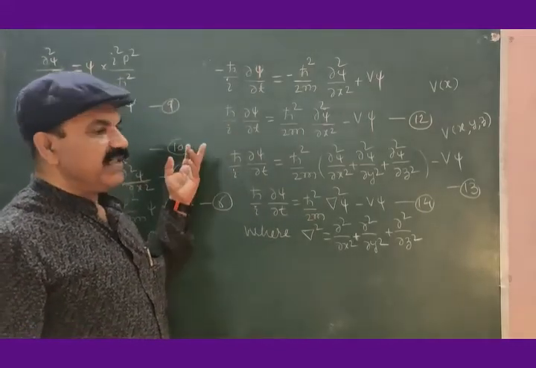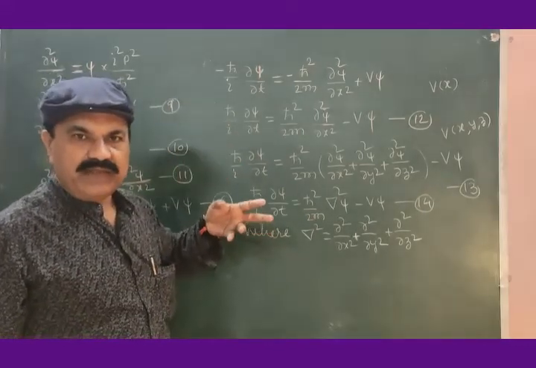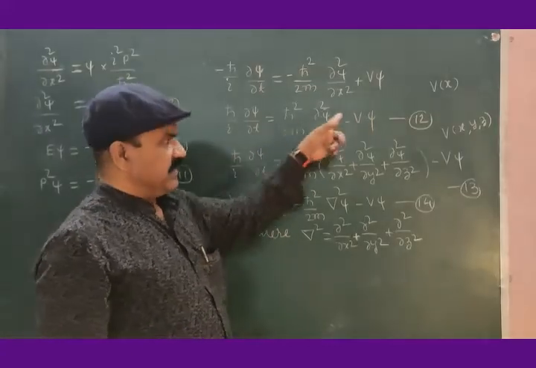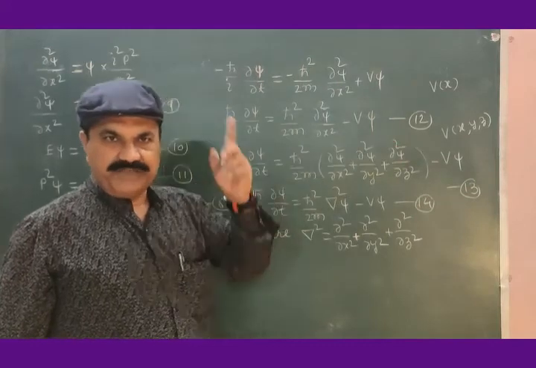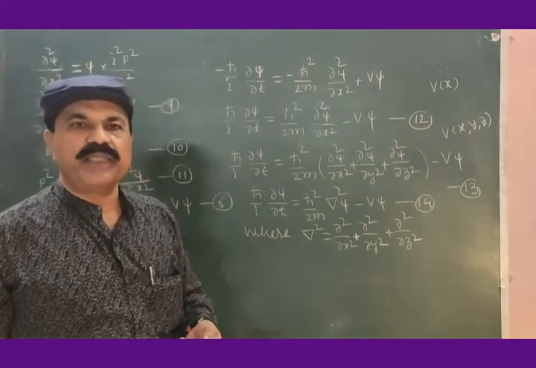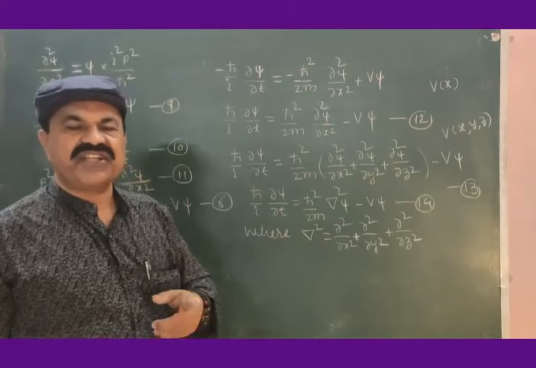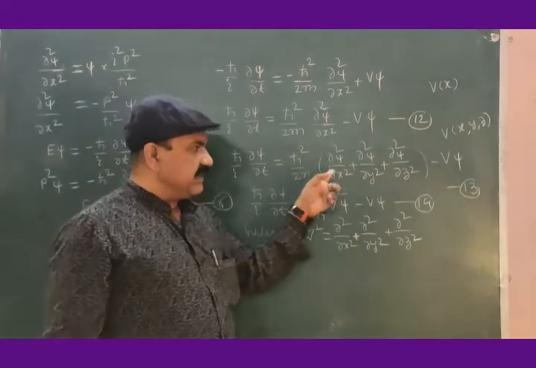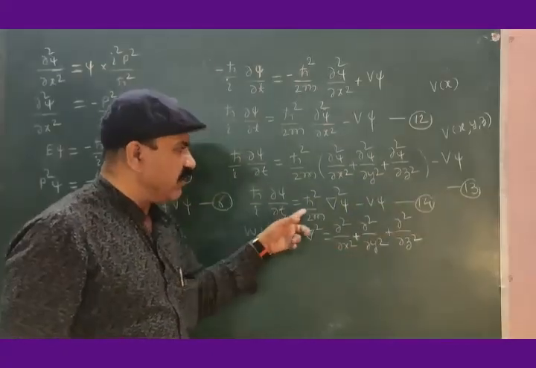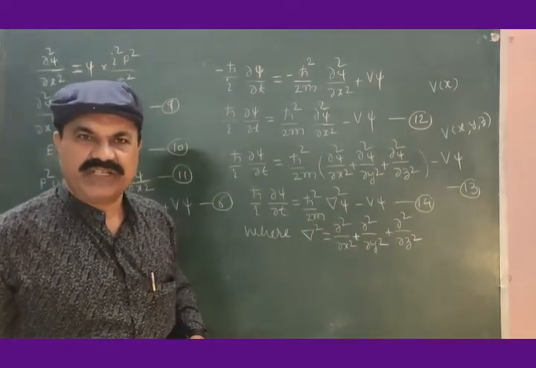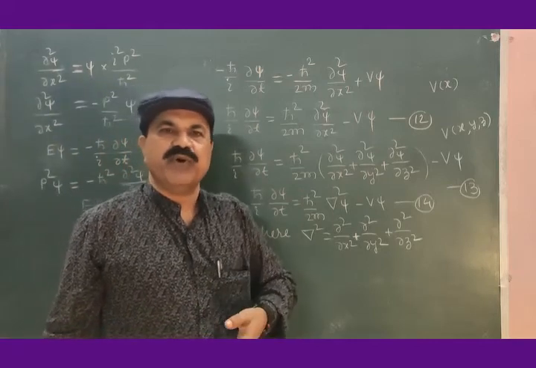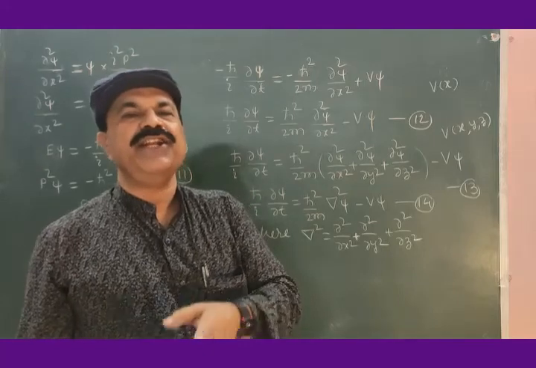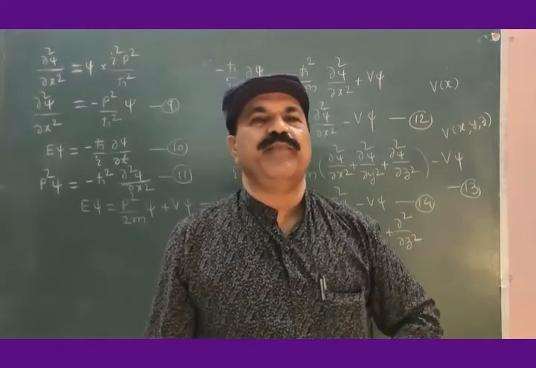Thus, we can have the one-dimensional Schrodinger equation of time-dependent form as shown in equation 12. We can also have the three-dimensional Schrodinger equation in time-dependent form either by equation 13 or by equation 14. So this is about the Schrodinger equation in time dependent form.